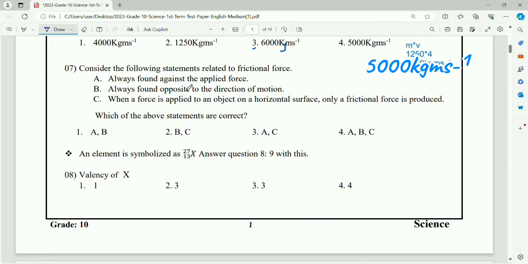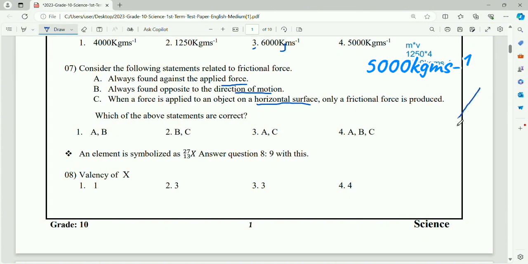Consider the following statements related to frictional force. Actually you know that the frictional force acts on the contact surfaces and opposes the motion. So it is always found against the applied force, against the direction of motion. But statement 3 says that when a force is applied to an object on a horizontal surface, only a frictional force is applied.